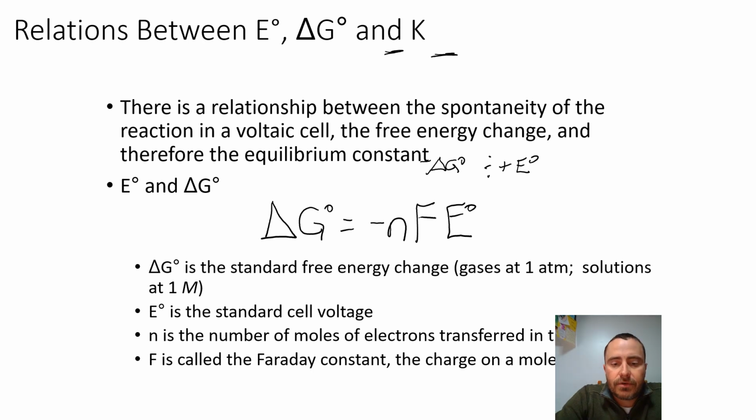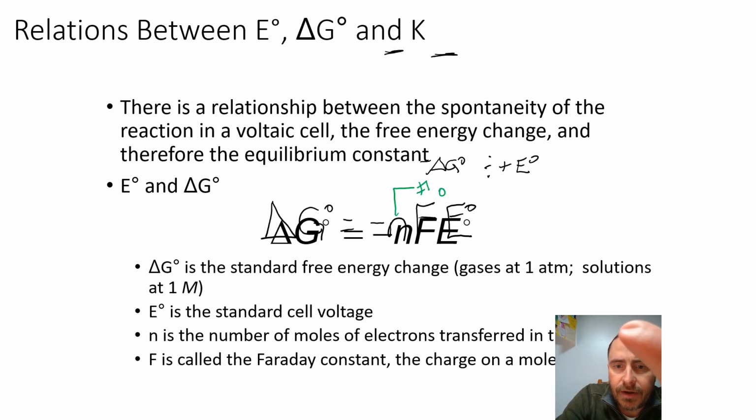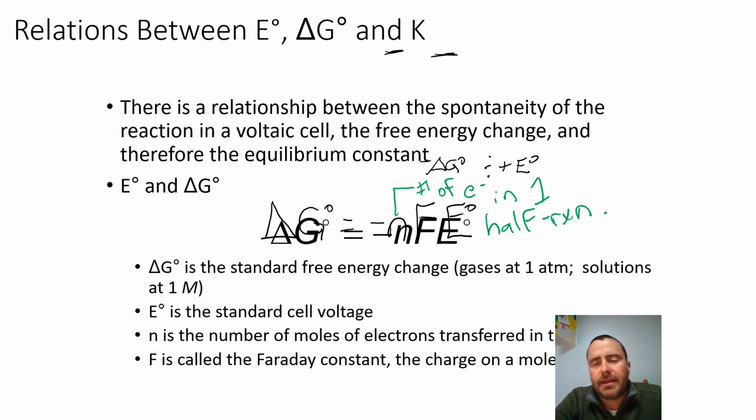So what we need to do for N is use the number of electrons in one half reaction, whether that be the reduction half step or the oxidation half step. All we need is the number of moles of electrons from one of those half reactions.